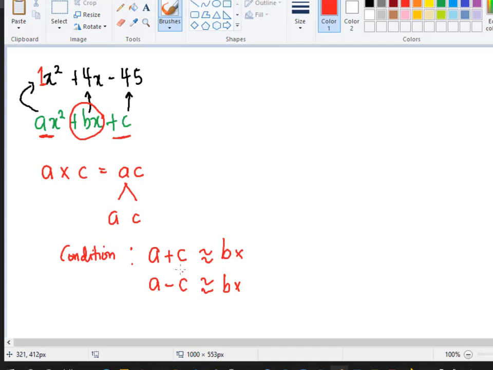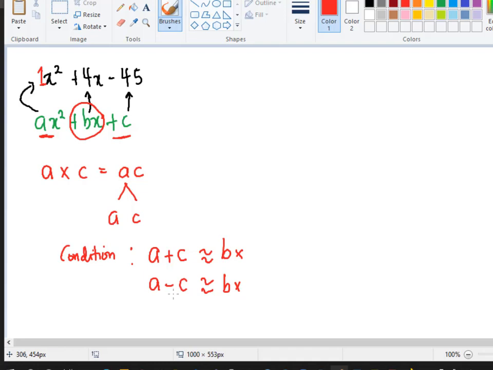So we look at the factors of the product and ask: can we add them to get the coefficient of x, which is the b in front of the x? Or when we subtract, are we going to get b, the coefficient of x? That is what we're going to look at.